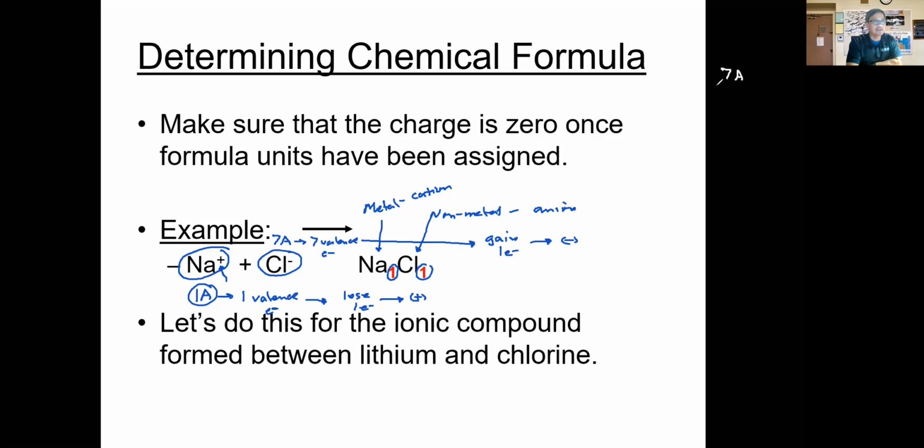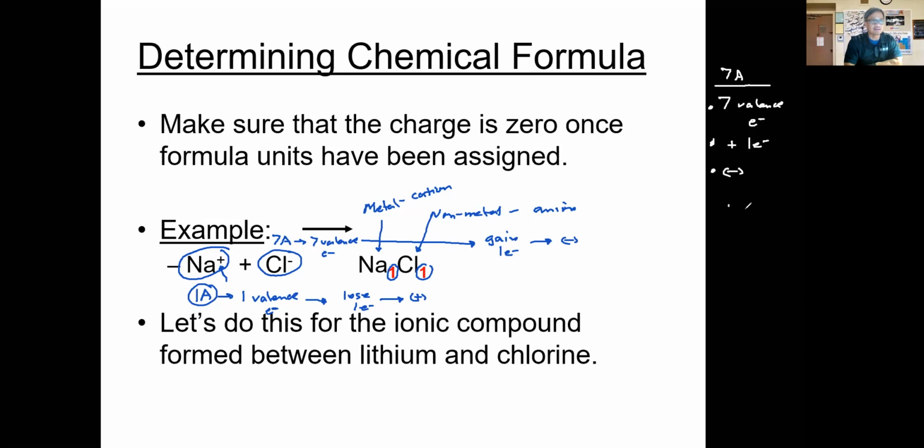Now, 7A means that each one of these elements has 7 valence electrons, which means, in order for them to become a noble gas, they all have to gain 1 electron to get to 8. And therefore they will always have a negative charge. So for all the halogens, you have to add 1 more electron. They're right next to the noble gases, which means that they have to pick up 1 electron.